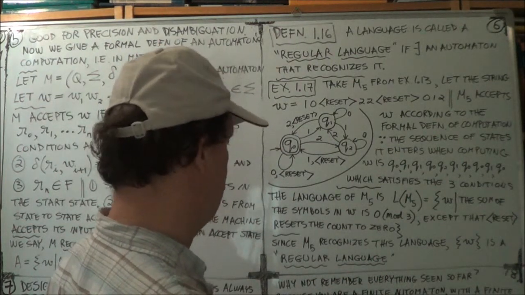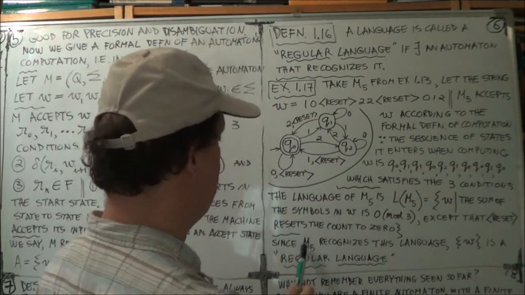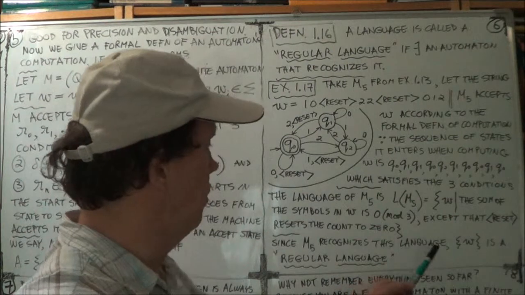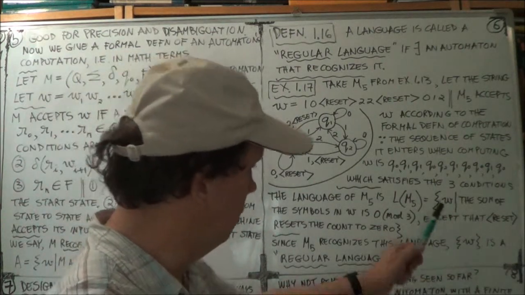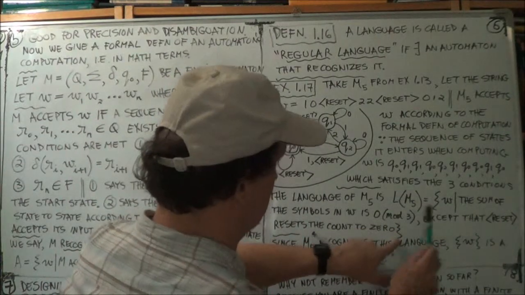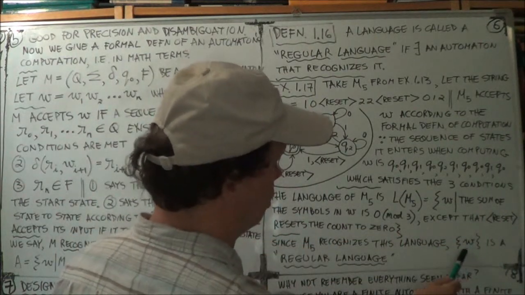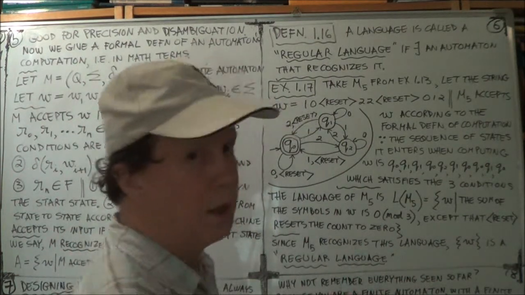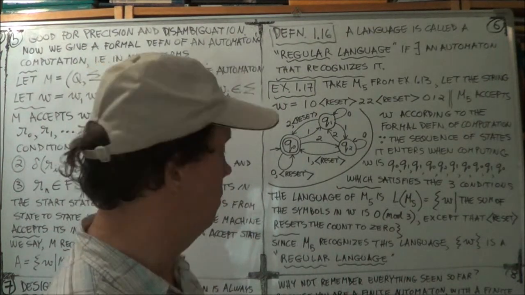M5, this automaton, recognizes this language W. This is just shorthand for all that description. So that's the language, and it's a regular language. Why?